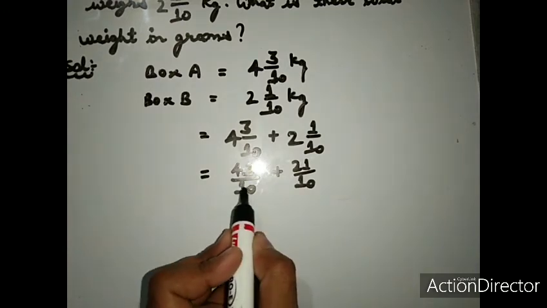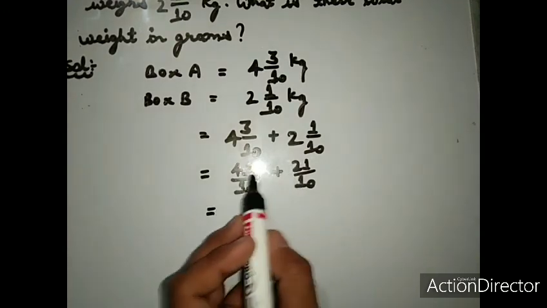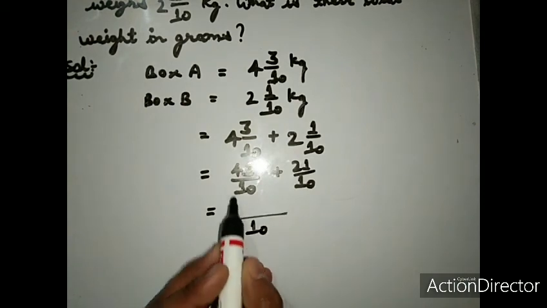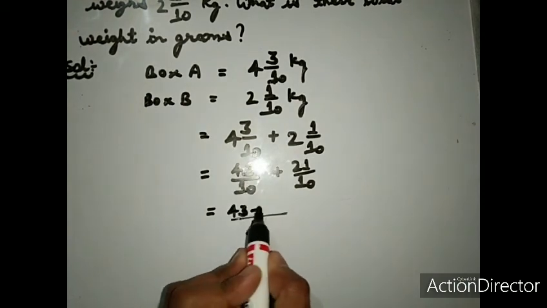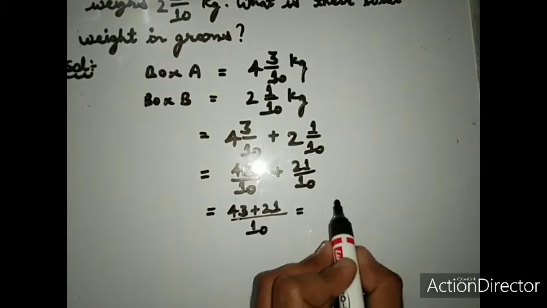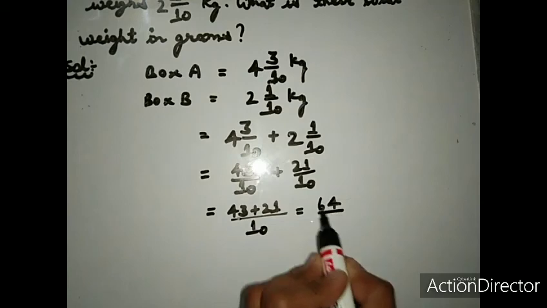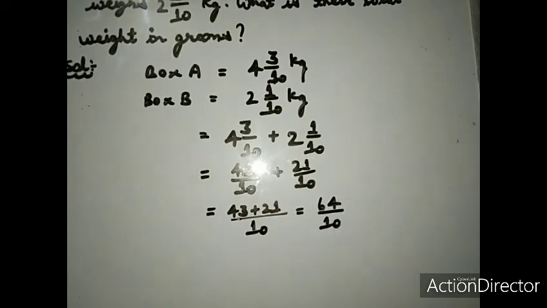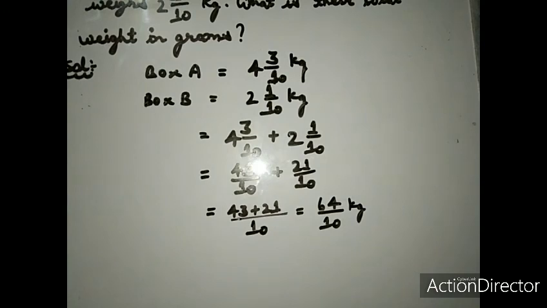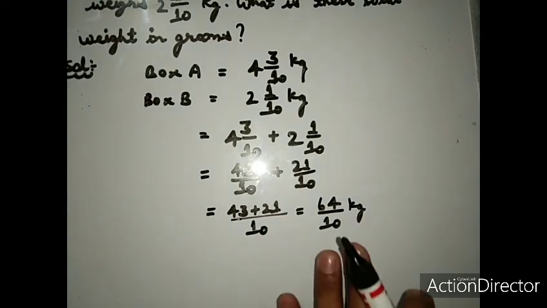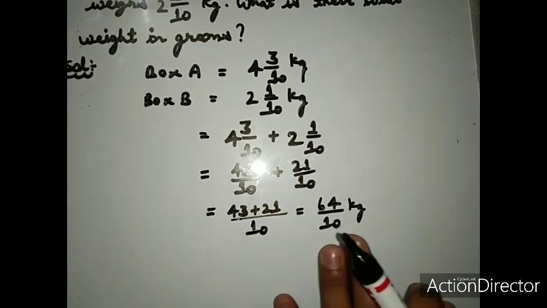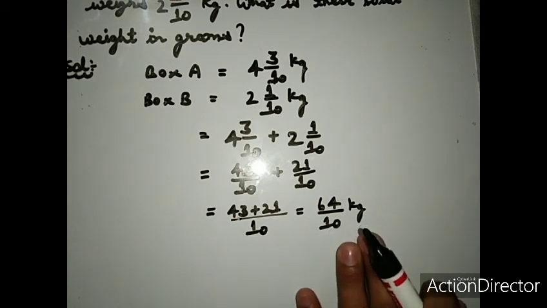After that we add these two numerators, and here we take 10 as a common denominator. Now 43 plus 21: 3 plus 1 is 4, 4 plus 2 is 6, so 64 upon 10 kilogram.